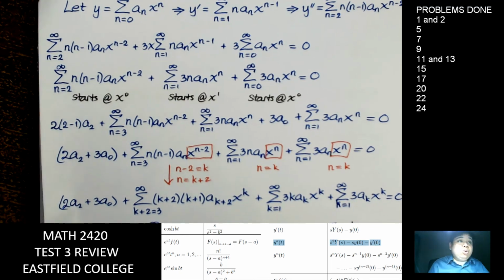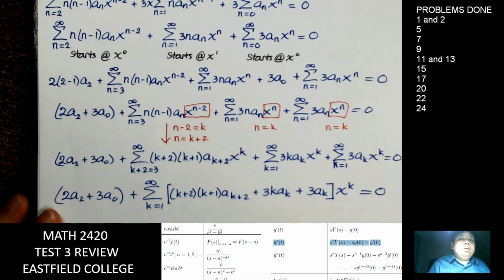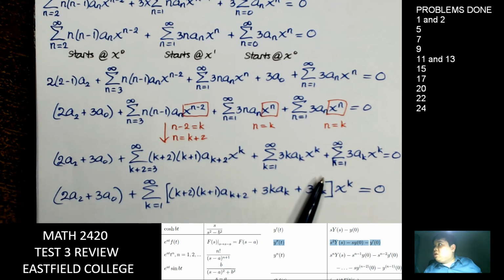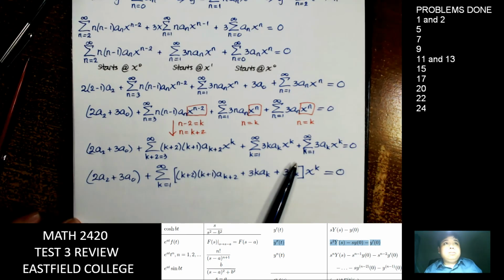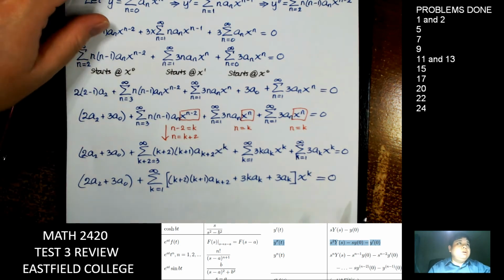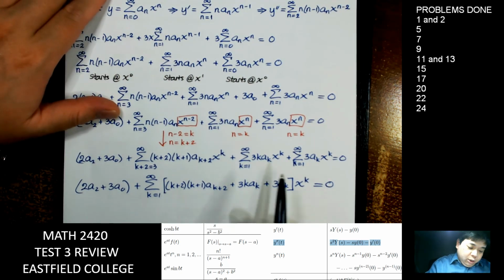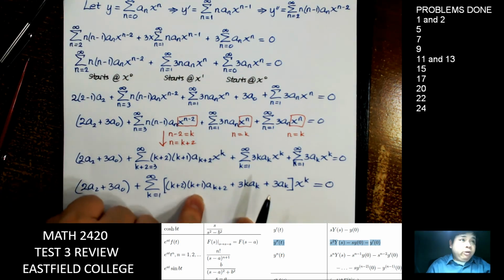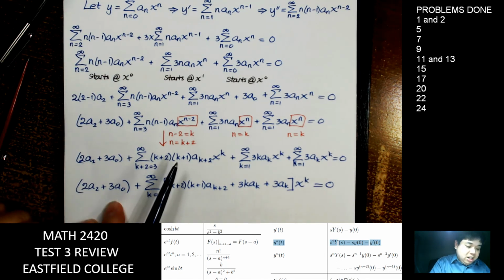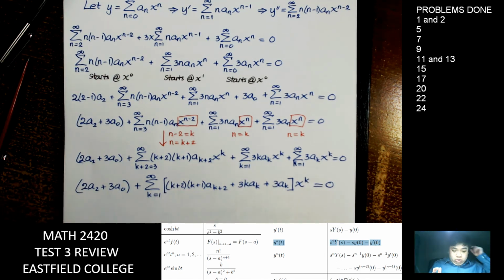Now if this equal to 0, need to zoom out because this is such a long problem. Now if this equal to 0, meaning all of the coefficients must be 0. So we make this equal to 0 and all of this equal to 0.